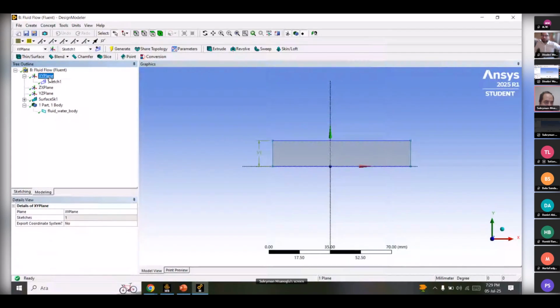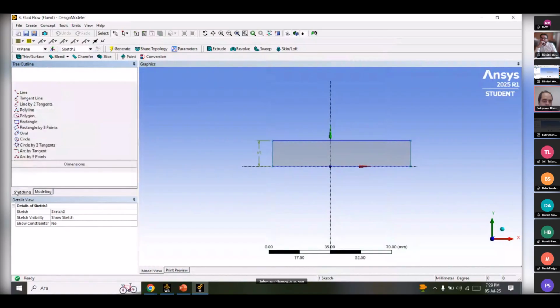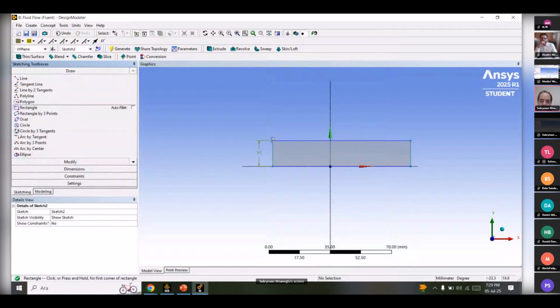Then click XY plane again and new sketch 2. And we can create another rectangle like a hollow cylinder. That is the PCM, phase change material.